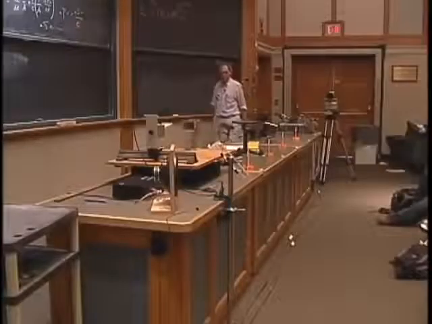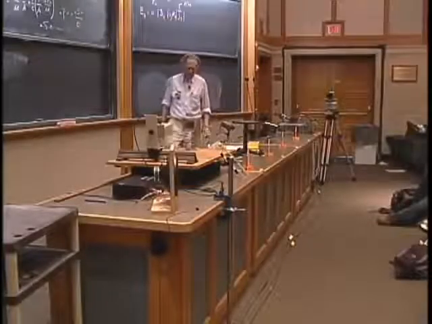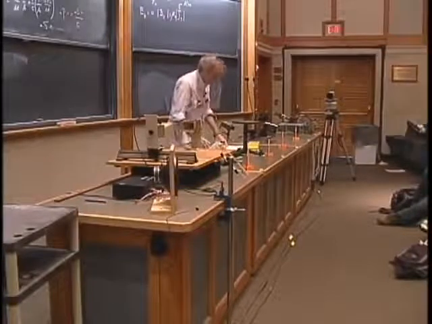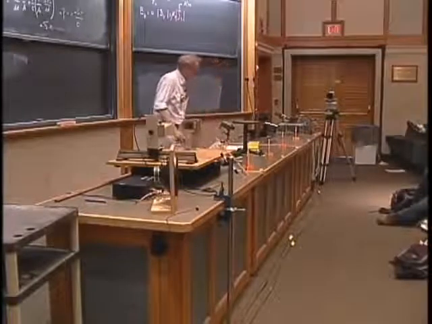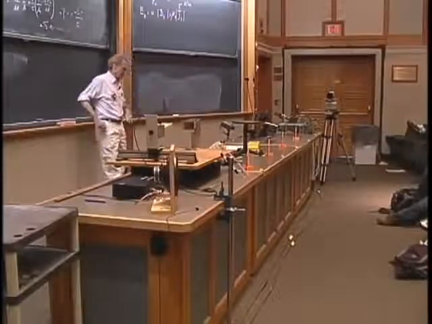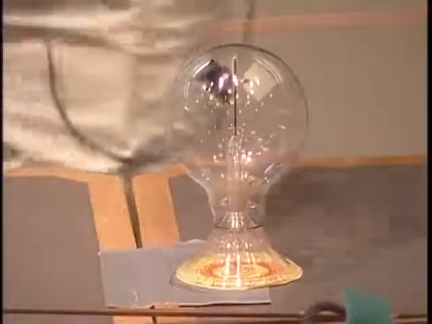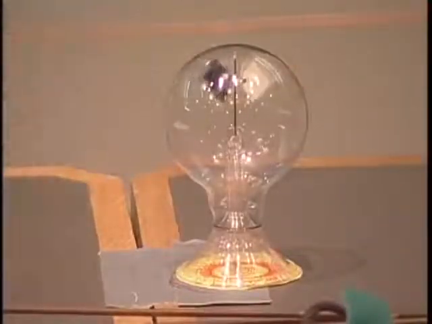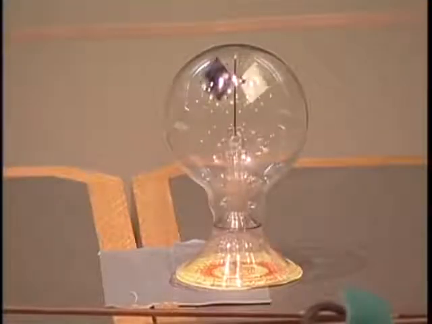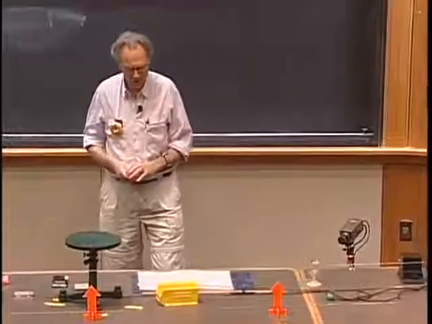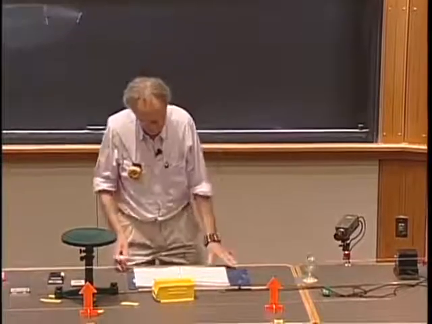So now I want you to test your knowledge, call it a brain teaser. I have here a radiometer, and many of you may have a radiometer in your rooms. They're very cheap. It's a little glass bulb, has low pressure inside. It's not vacuum, but it is low pressure.